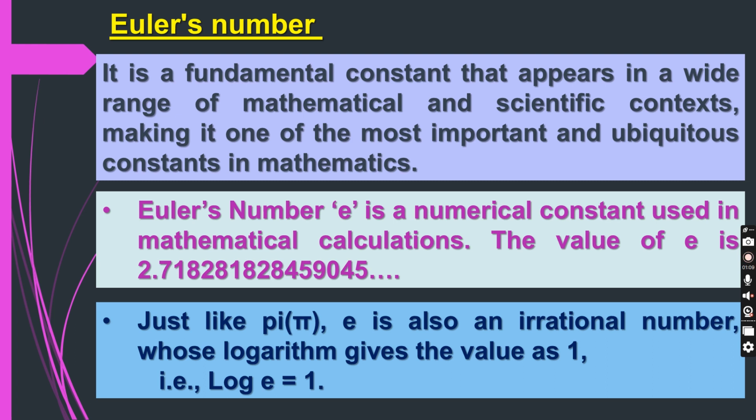Euler's number e is a numerical constant used in mathematical calculations, and most of the time it is used as the base of the log. The value of e is 2.718281 and so on. Just like pi, e is also an irrational number whose natural logarithm gives the value 1, that is, log e is always equal to 1. So that e value will be useful in defining skin depth.